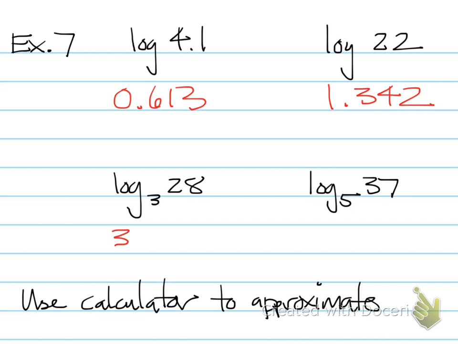I think you have to press the 3 first, and then math, and then the log with a box for the base, and it should show up as log base 3, and then you type in 28 and it'll give you 3.003. For log base 5 of 37, I think you have to type the 5 first, press the math button, go to that log with the box for the base, hit enter, then type in 37, hit enter, and you get 2.244.